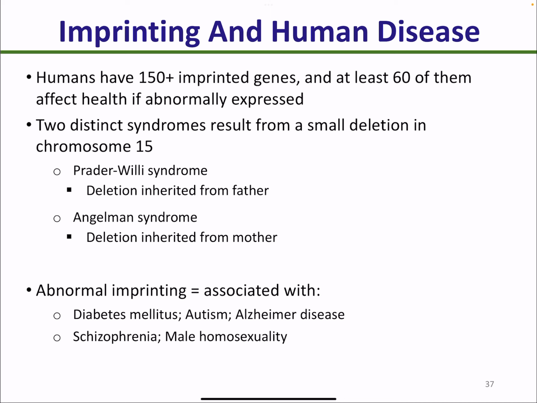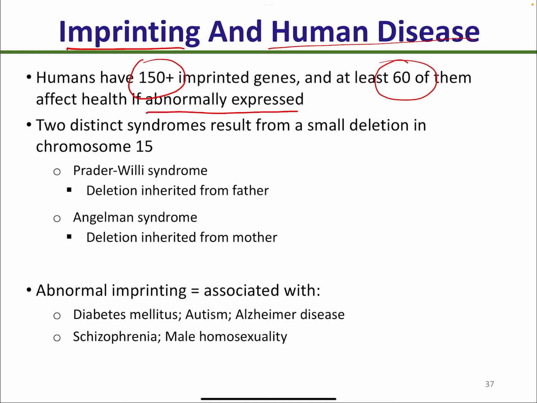So, what are the relationships between imprinting and human diseases? Humans are going to have a number of genes that are imprinted, about 150 genes that are imprinted, if not more. Okay? And at least 60 of them affect the health if abnormally expressed in an embryo.